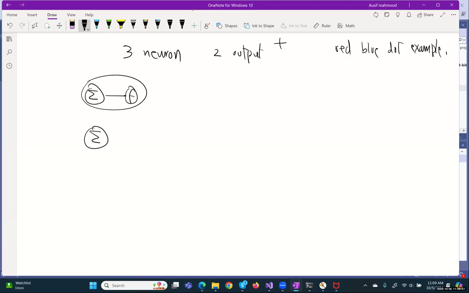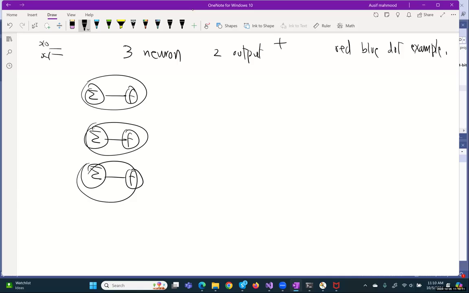Let's say we have 3 neurons. And remember, in our example, we had 2 inputs, x0, x1. These are the xy coordinates of a point. Whatever the x is, we were calling it x0, whatever the y coordinate is, we're calling it x1. So then it could be a blue dot or red dot.